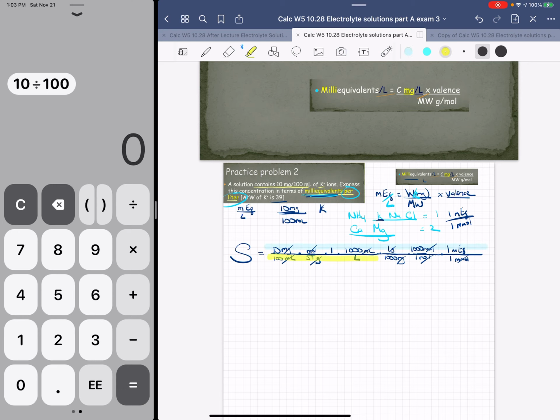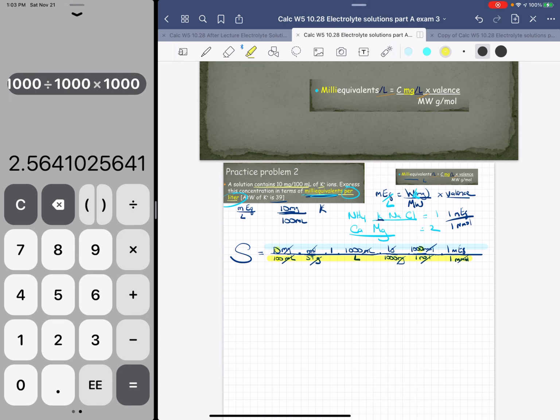If it's in the denominator area, I'm going to divide. So 10 divided by 100 is equal to that divided by 39. I'm not even going to hit equal to, I'm just going to do it. Multiply by 1,000, divide by 1,000, multiply by 1,000, and I should get an answer.